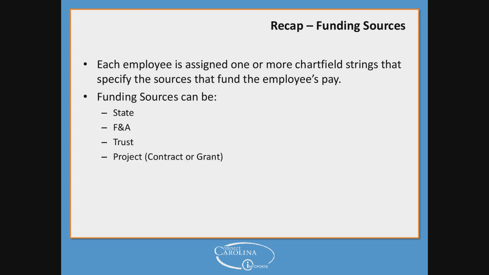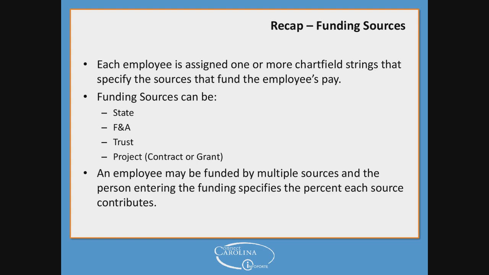And the funding sources can be state, F&A, trust, or project funds, which is contracts or grants. And an employee can be funded by multiple sources, and the person entering the funding specifies the percent that each source covers for that employee. And now at the end of this section, we'll take a second and answer any other questions that we have.